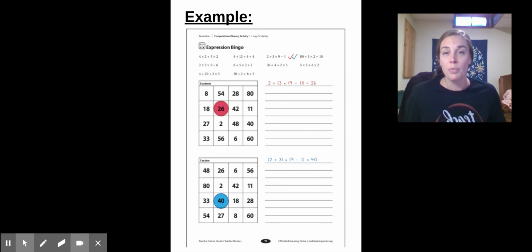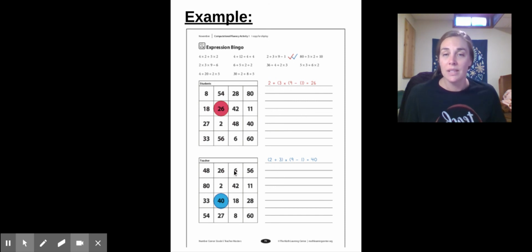So in the problem that we just did, if I was the student using this board for my answers, I see that 26 is right here. It's kind of in the middle, and I can go lots of different ways to get that 4 in a row for bingo, right? And then I wrote down the equation with the parentheses to show how I got 26.